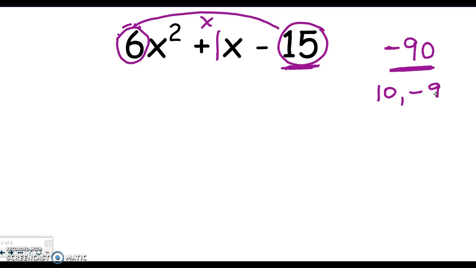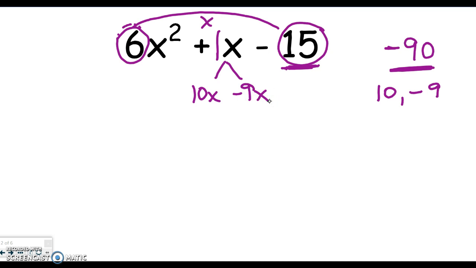Okay, so I'm going to break this positive 1x up into those two factors. I'm going to break it up into 10x and minus 9x. Okay, I'm going to split this problem into 4 pieces instead of the 3 that you currently see.